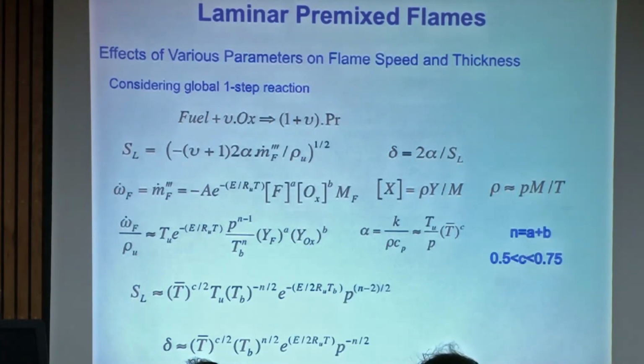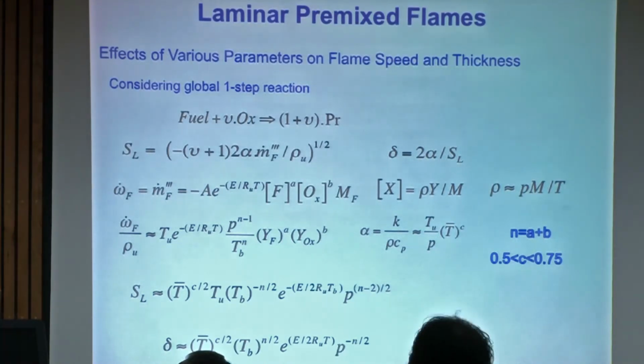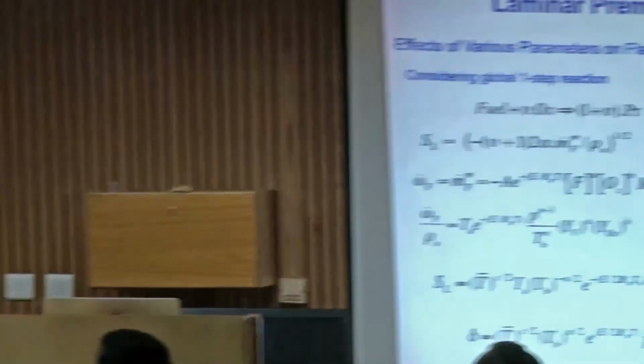So the reaction rate is very high for hydrogen air mixtures, okay, compared to hydrocarbons. See, hydrocarbons have to go through several steps before you produce radicals. So for hydrogen air mixtures, hydrogen and oxygen react and they produce OH. That is enough to initiate the reaction. And then right away H, O and OH are formed. So reaction rates are much higher.